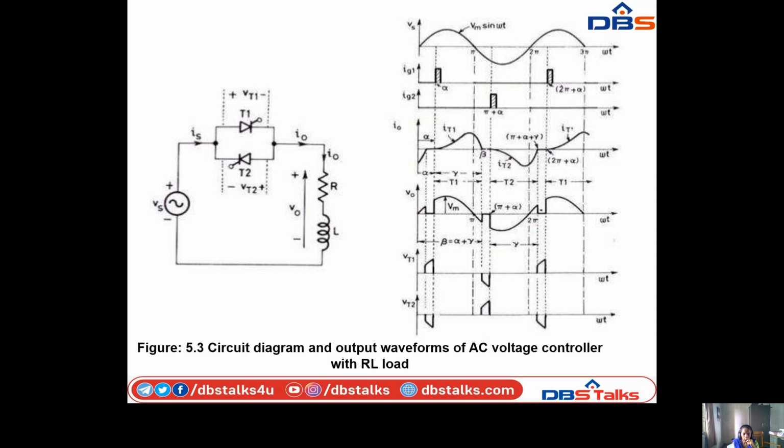And here in the load we have an inductor, so the inductor already stores energy. Whenever we give a supply, the inductor stores energy. So we have to see the output current in the waveforms.